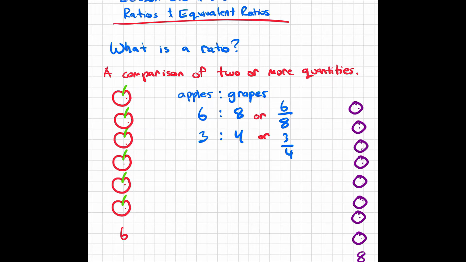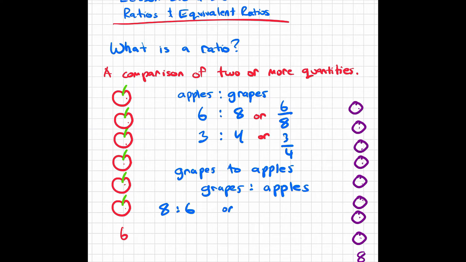Okay? Now, what if they said, what is the ratio of grapes to apples? Well, in that case, it's going to be grapes to apples, the two dots right there, which is a colon, is how we set it up. Grapes, in this case, is 8, and apples, 6, or we can put that as 8 over 6.